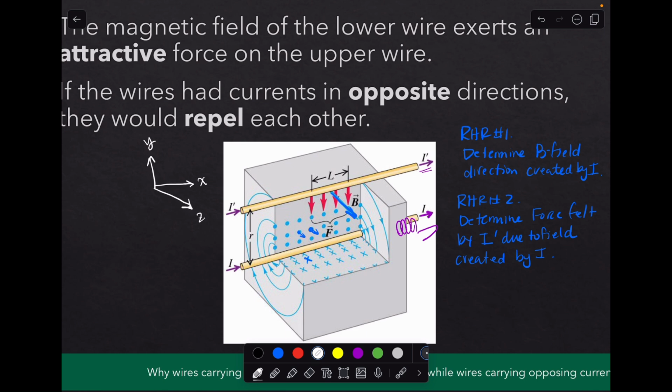And what we can see here is that our current is in the X direction. Our resulting magnetic field above, at the location here, due to I is going to be in the Z direction.